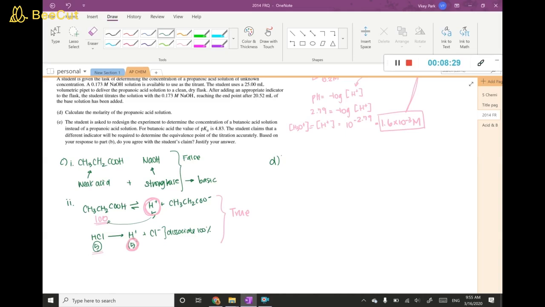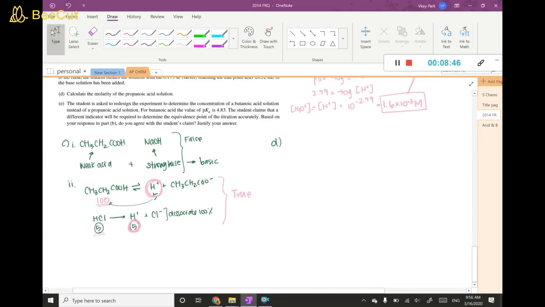So basically, all we're looking at is this. When they say that they have reached endpoint, that just means that the number of H pluses equals the number of OH minuses, right? So here's the easiest way to do this, okay? If you guys remember how to calculate acid and bases, it's normality. You guys remember normality?